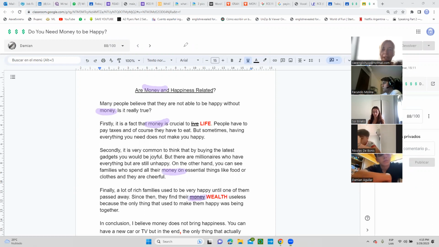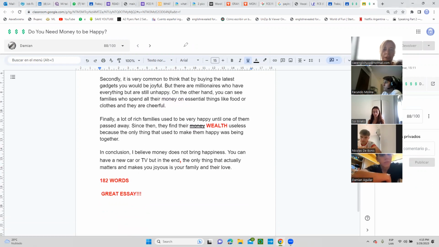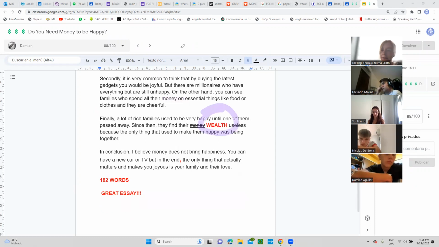So instead of using money, you can use wealth. Okay. Finally, a lot of rich families used to be very happy until one of them passed away. Since then, they find their wealth useless because the only thing that used to make them happy was being together.